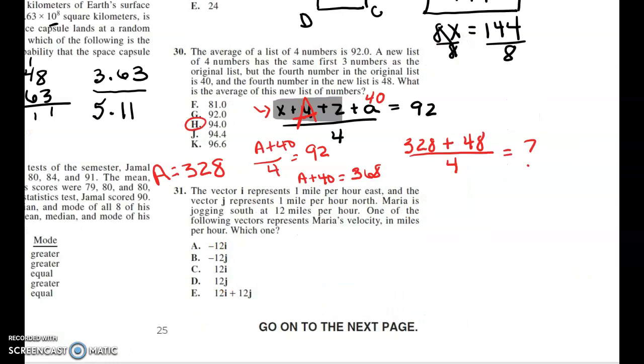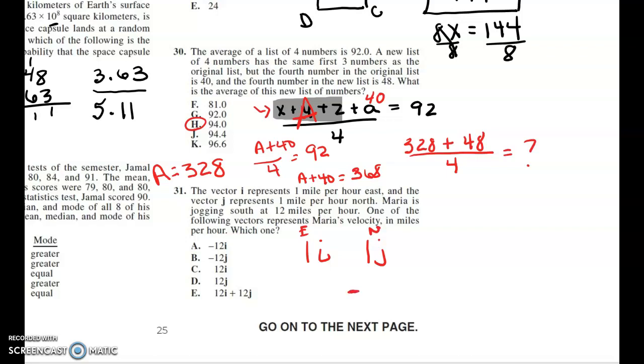Okay, so take a minute and read. I tells us that we're going east, and J tells us we're going north. So 1I is east, 1J is north. And then it tells us that this person is going south. So if we go south, that means the opposite of this is going to be a negative.